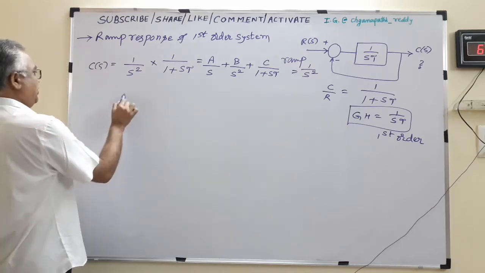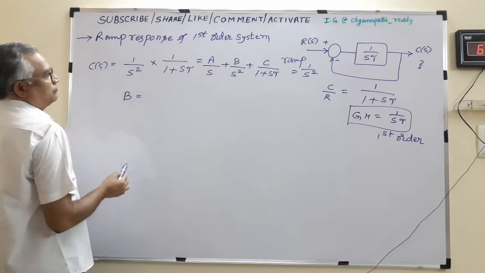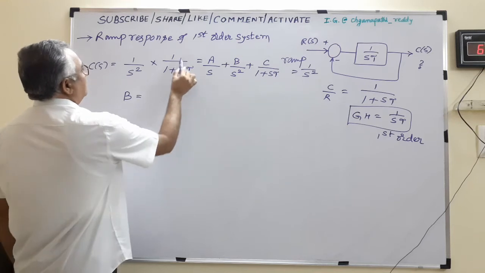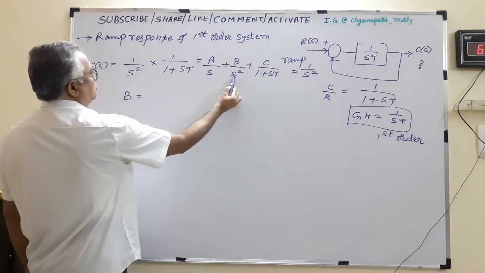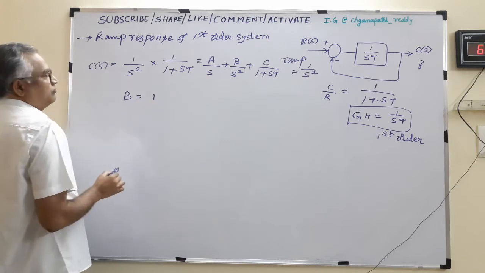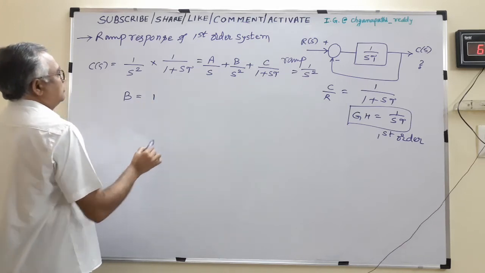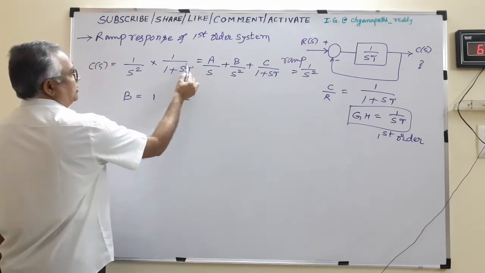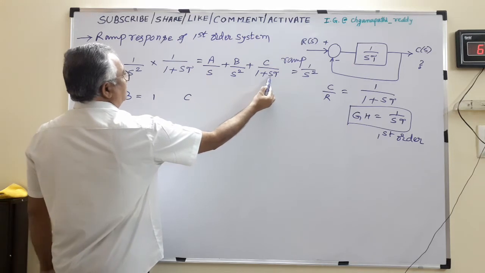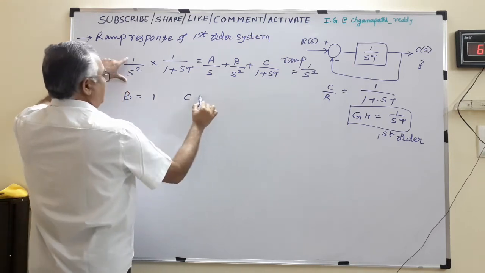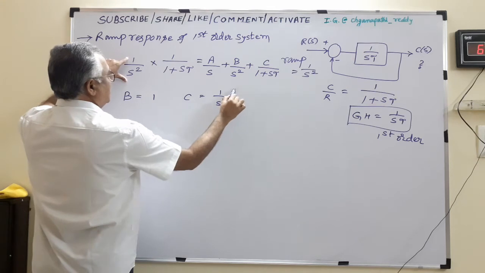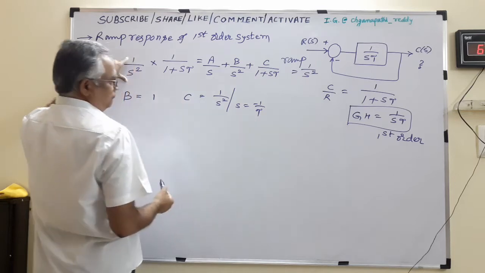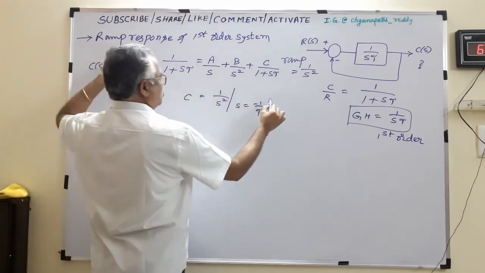Then how to find B? This S square cancels, this value at S equal to 0. So that is 1. Then C value, this cancels, 1 by S square at S equal to minus 1 by tau. So you will get tau square.